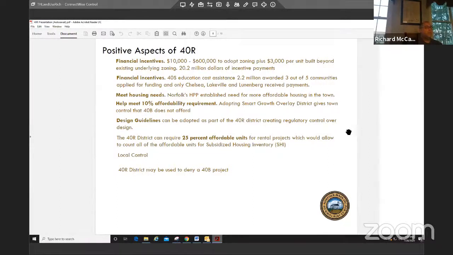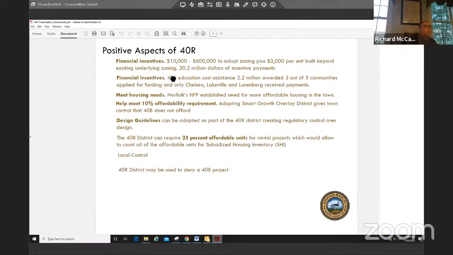It ranges from $10,000 all the way up to $600,000. In our particular instance, since we're looking at one site, we probably would be looking at something much lower on the incentive payment scale, just for information purposes. But there is a range.